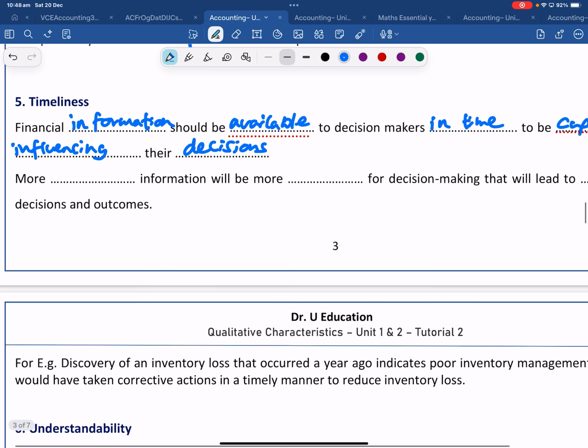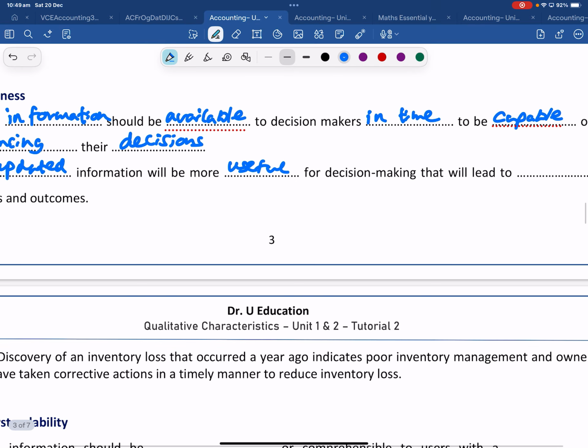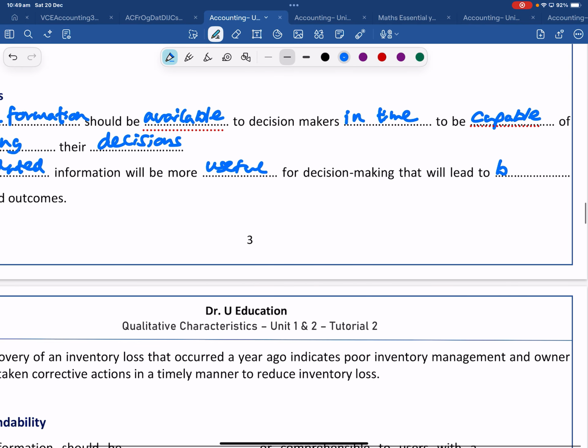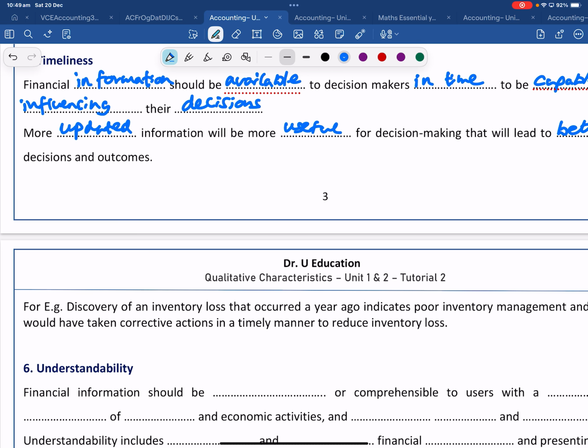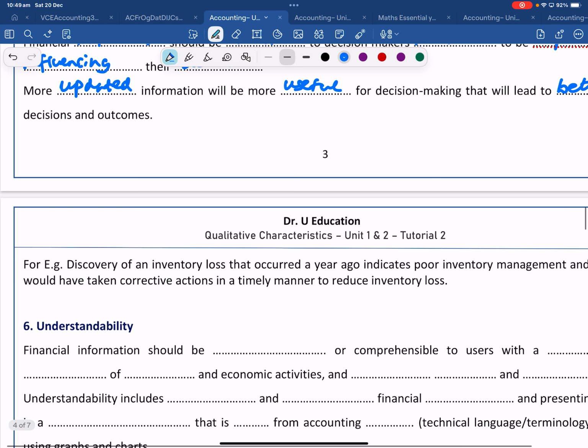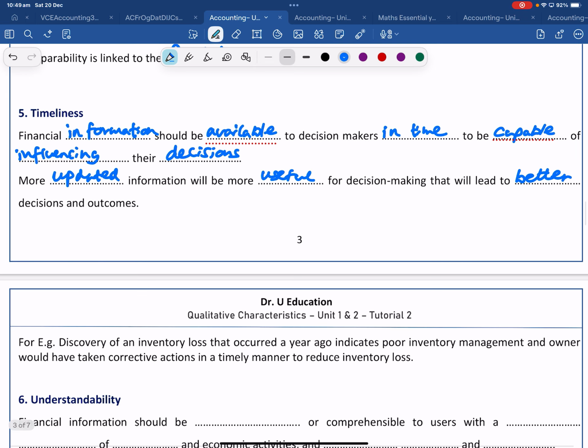More updated information will be more useful for decision making that will lead to better decisions and outcomes. Example, discovery of an inventory loss that occurred a year ago. You can read it, guys. I'll explain it.